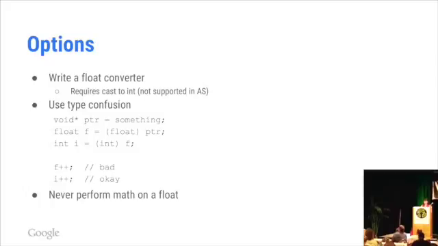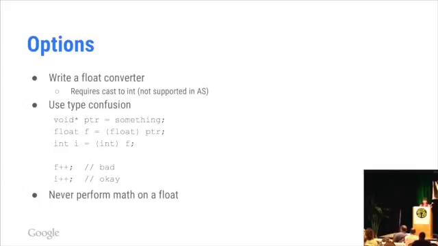ActionScript has this good property where if a float is in memory and you don't access it in ActionScript and you don't do math on it in C, it won't be corrected until it's actually accessed. So long as something's a float, but you cast it to an int every time you do arithmetic on it, it won't get corrupted. So I ended up doing this and basically never performing math on a float.